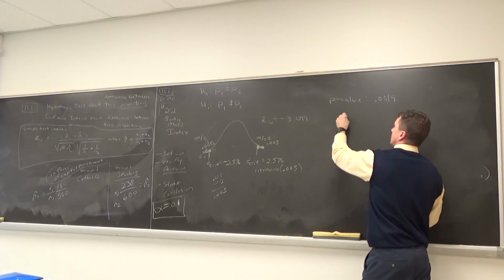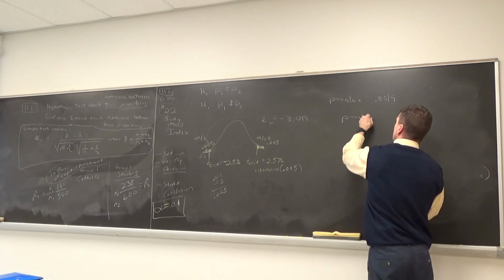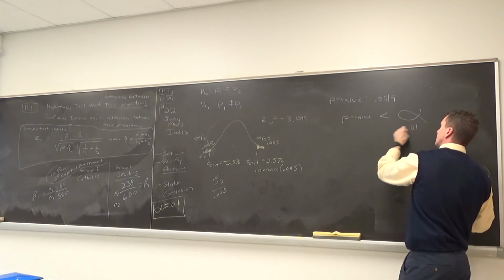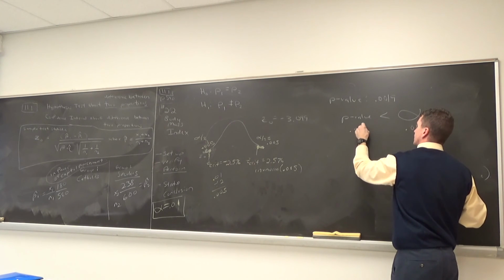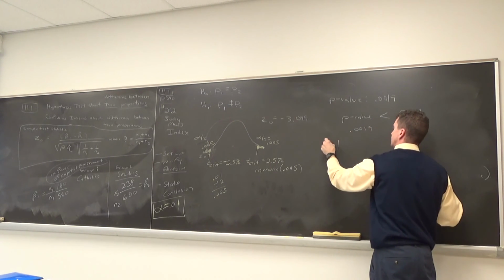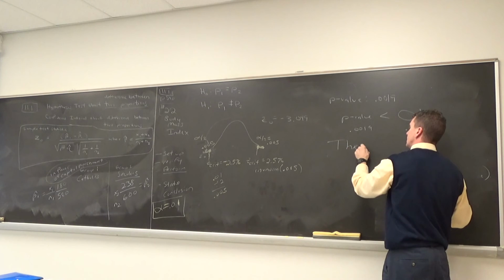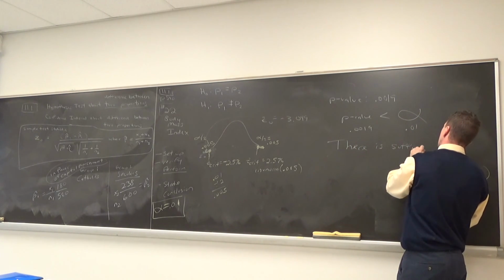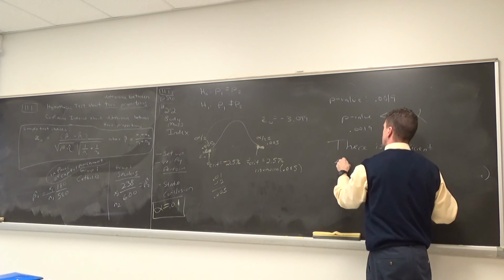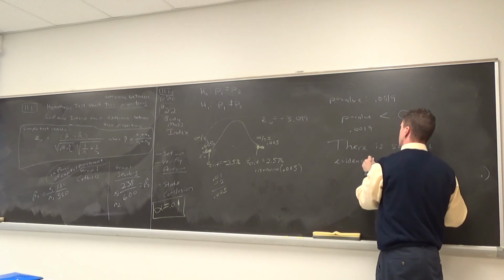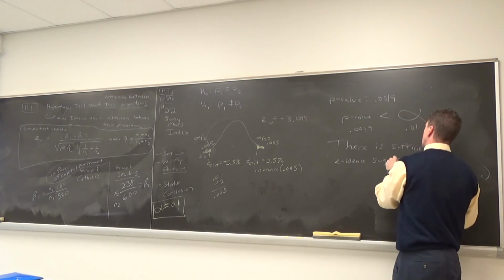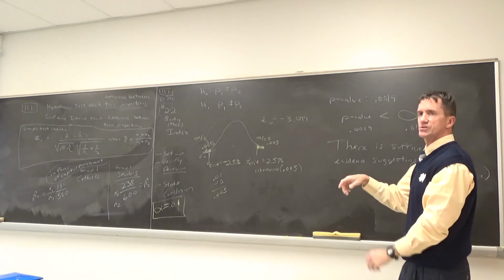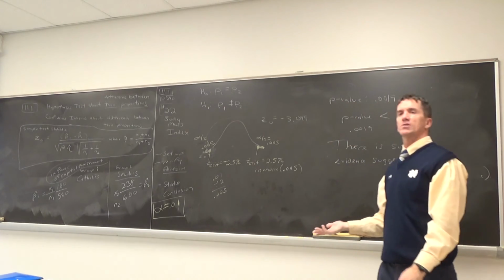This is lower than the alpha. So what do y'all think? Reject the null. There is sufficient evidence suggesting there's a difference in these proportions who favor capital punishment.